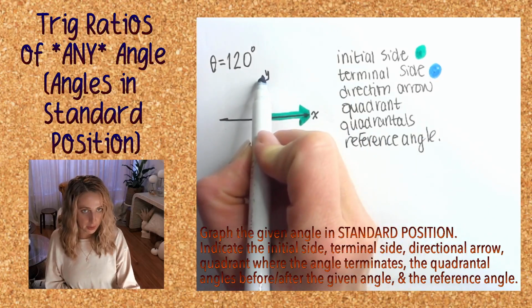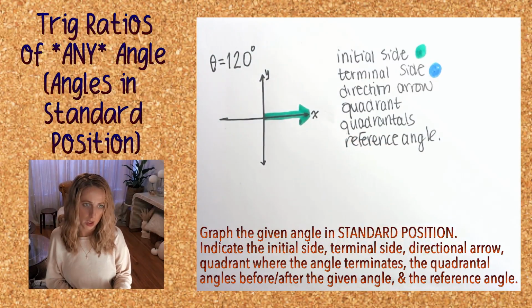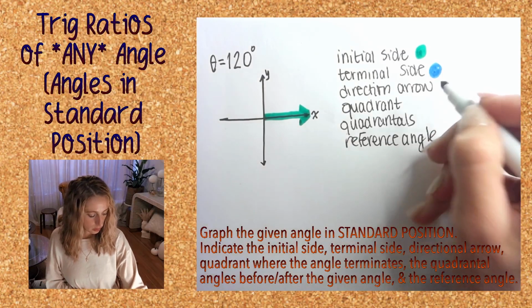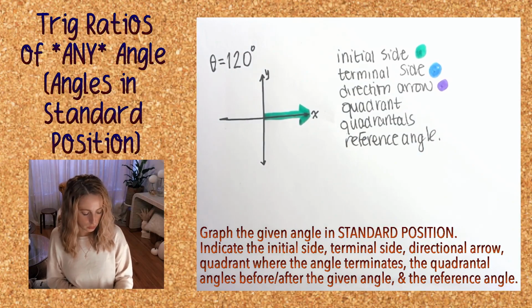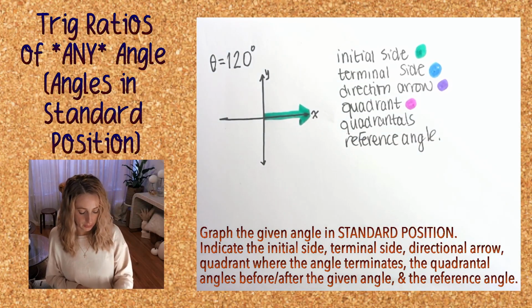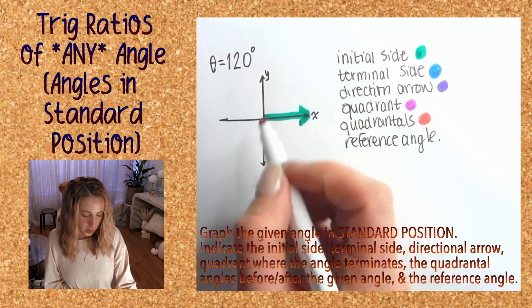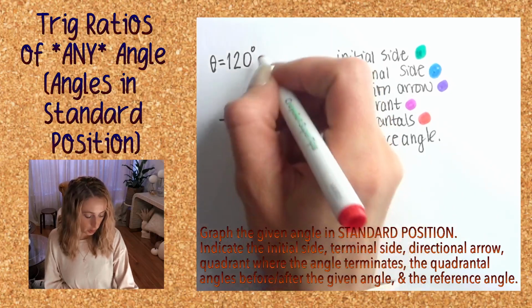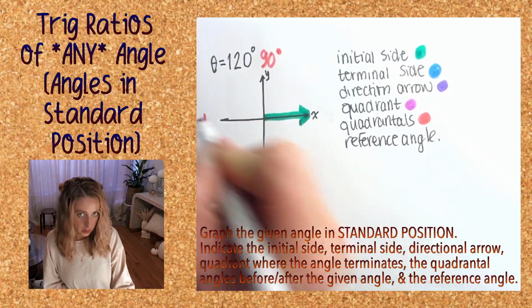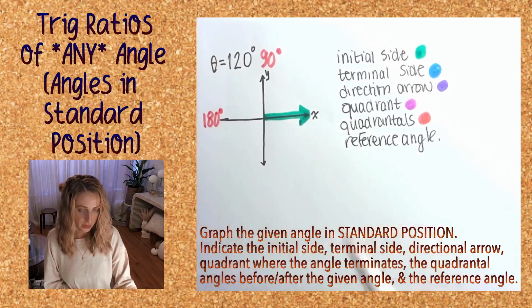Now, quadrantals. The quadrantals before and after the angle are going to be 90 degrees up here, and 180 degrees right there.